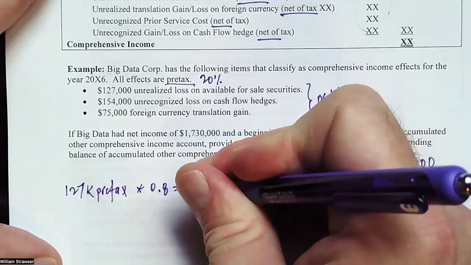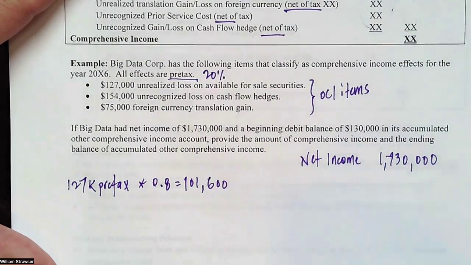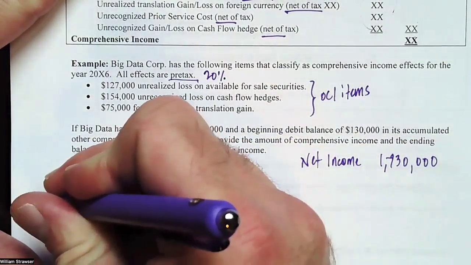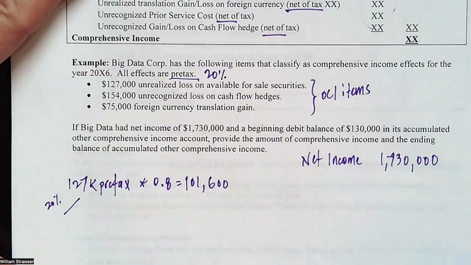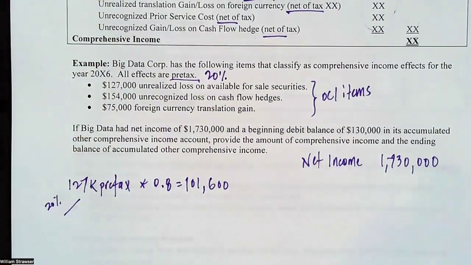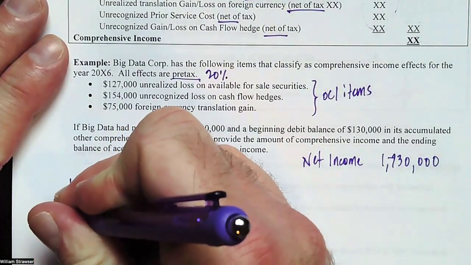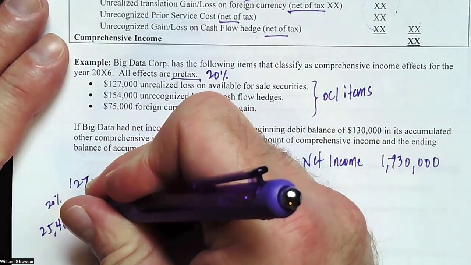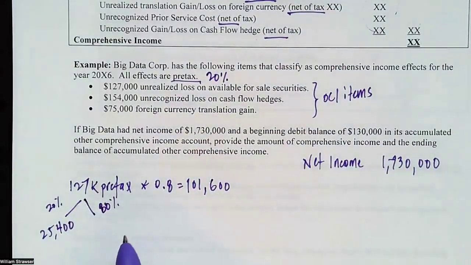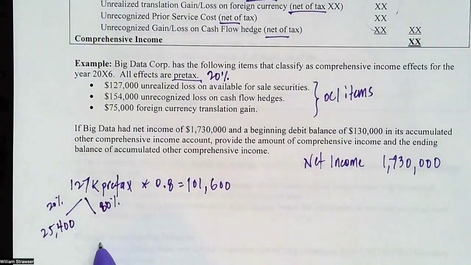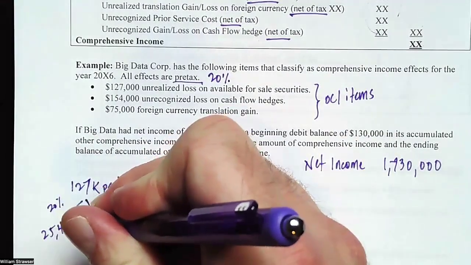Remember that I am multiplying by 0.8 because if I take 20% tax off of this, that 20% tax, if I calculate it, is 25,400. Well, if I take that tax off, then only 80% of this amount is remaining. And that 80% is 127 minus 25.4, or just 127 times 80%. And that is my $101,600.